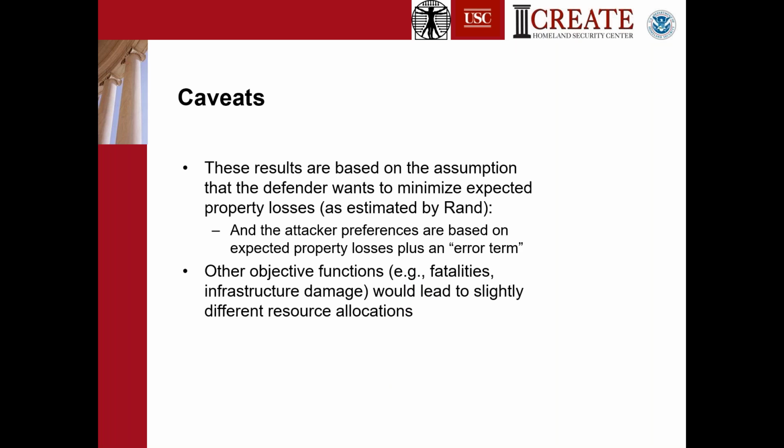First, some caveats. The previous slide focused on the assumption that the defender wants to minimize expected property loss, and the attacker wants to maximize property loss plus an error term reflecting our uncertainty about their goals. But other objective functions would lead to different resource allocations.